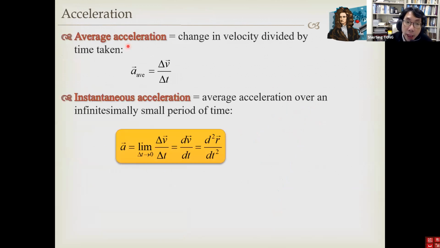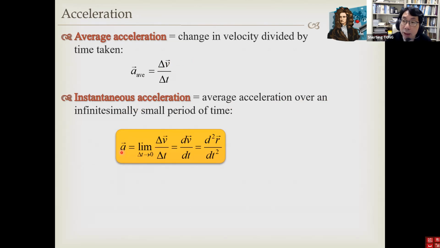And the acceleration is the change in velocity over time. The average acceleration is defined by the change in velocity in a time interval divided by that time interval. And the instantaneous acceleration is just the average acceleration over a very small, infinitesimal time interval. So we take the limit of the ratio of delta v over delta t, where delta t tends to 0, and that gives me the acceleration.